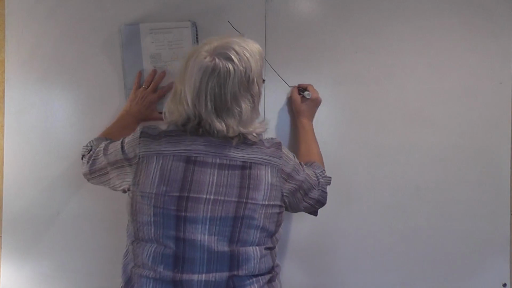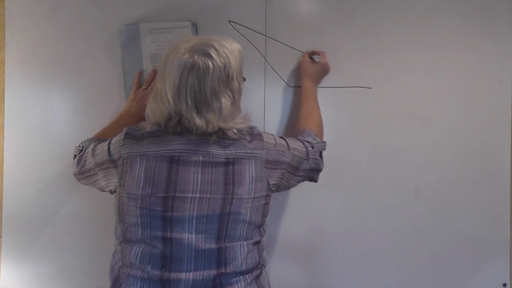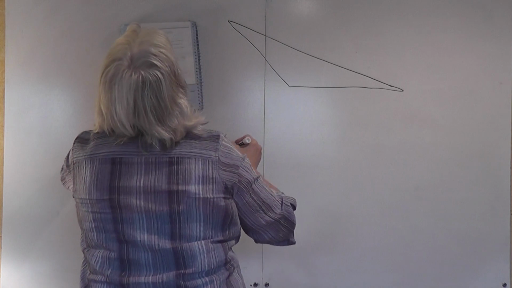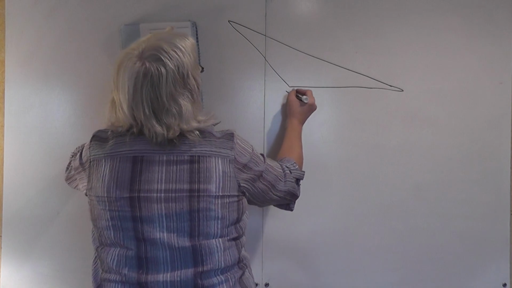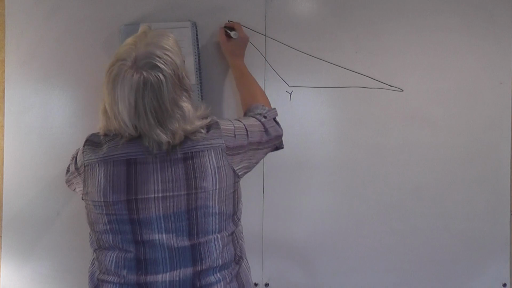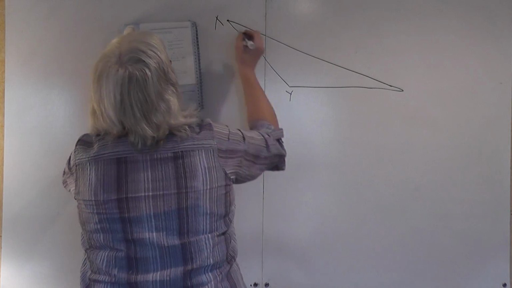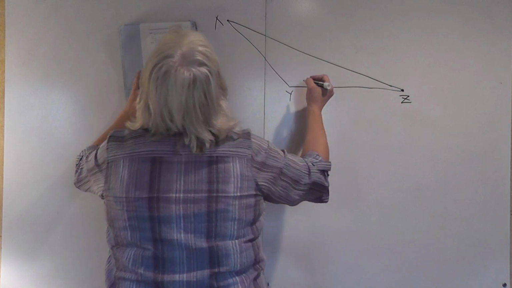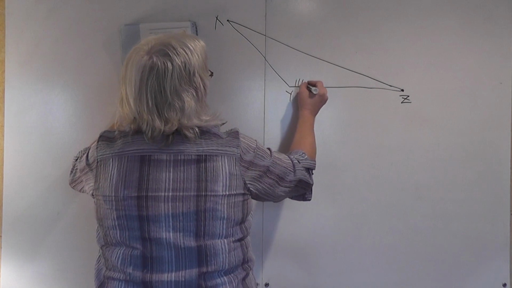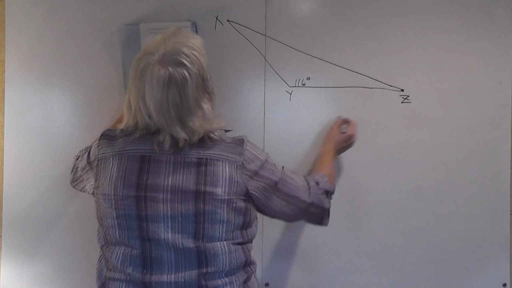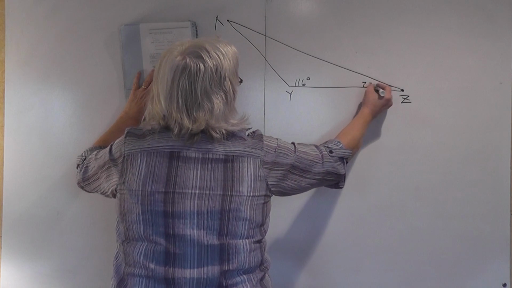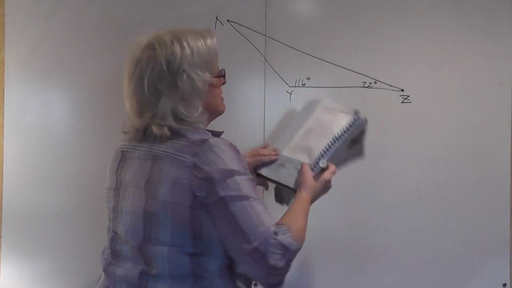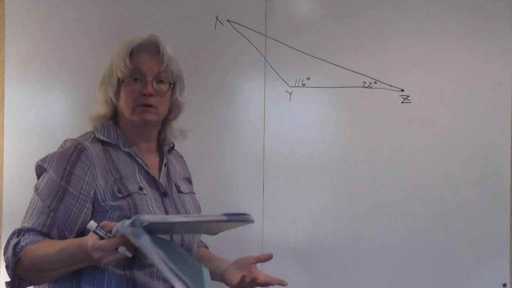So in your book, you have a scalene triangle that has been sketched. And you have a vertex of y, a vertex of x, and a vertex of z. And the measure of angle y is 116 degrees. And the measure of angle z is 22 degrees. Find the measure of angle x.